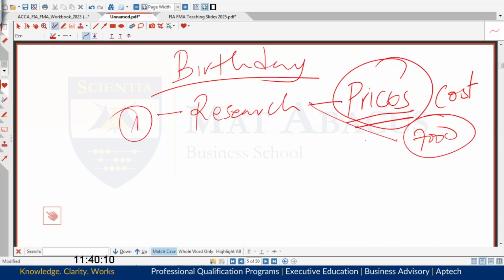Next venue, who had a birthday last year? A restaurant. What was the price of food?